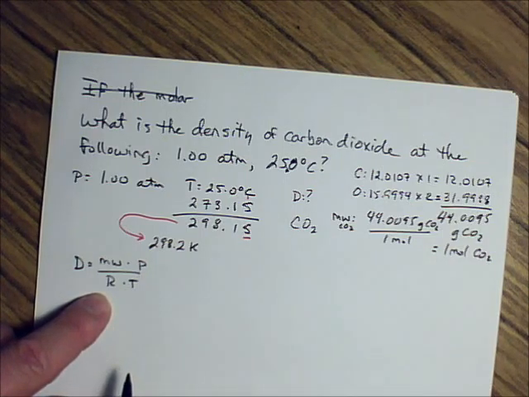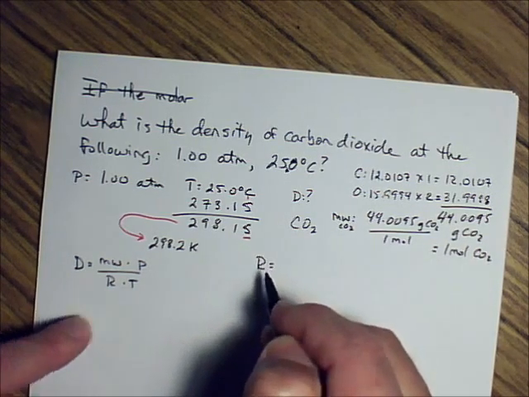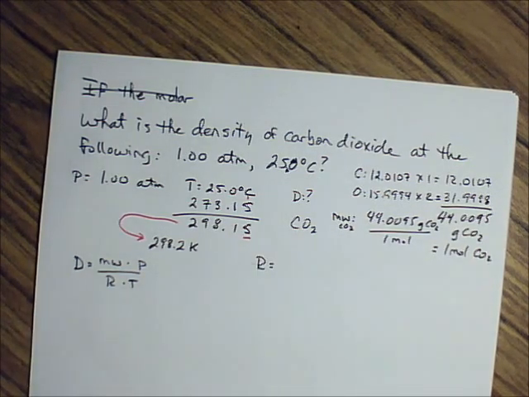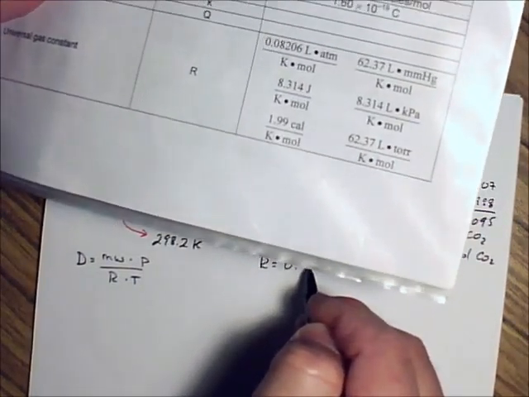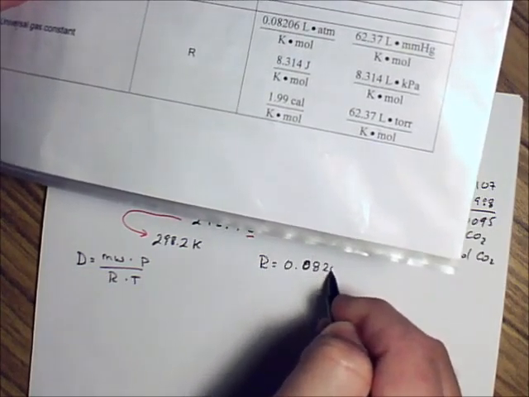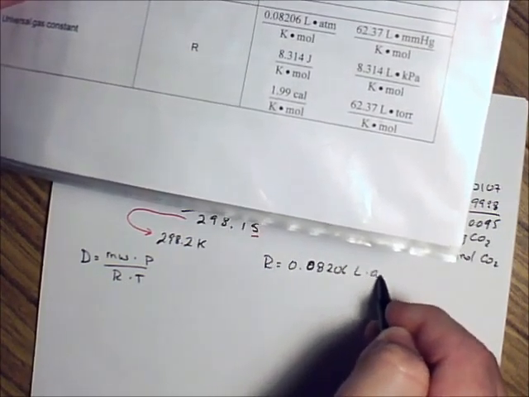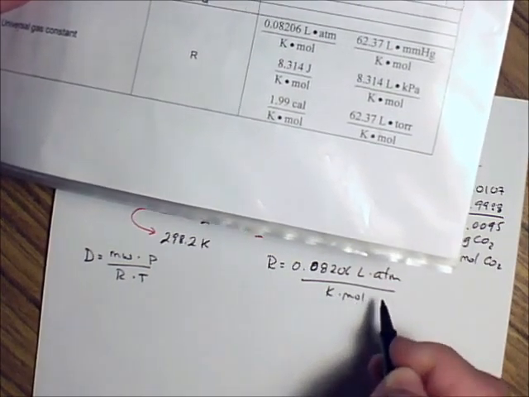Most of the time, if you match the pressure unit, you're going to have the one you need. Pressure is the key one. So we need 0.08206 liters times atmosphere over Kelvin times moles.